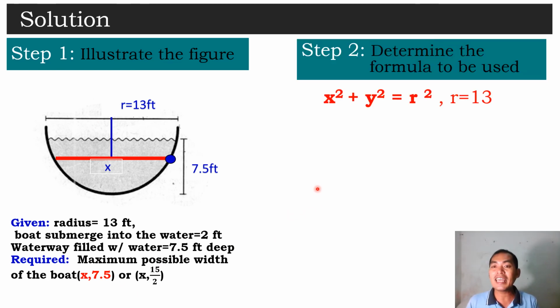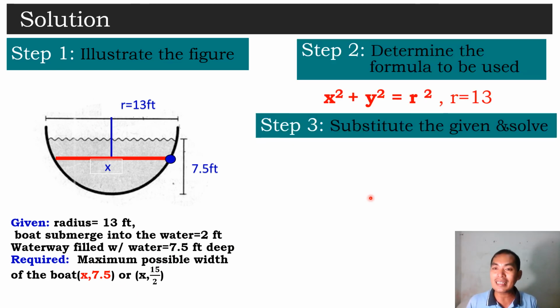Going down, negative naman po ang gagamitin natin na value kasi we assume that this line, the semicircle, is the x-axis. Going down is the negative y-axis. That is why we use here x squared plus the square of negative 7.5. Kung nagtataka kayo, sir, saan galing ang negative 7.5? Remember, the radius is 13.